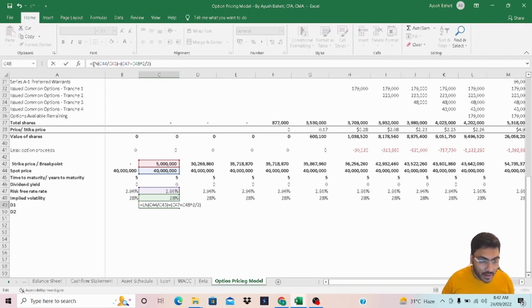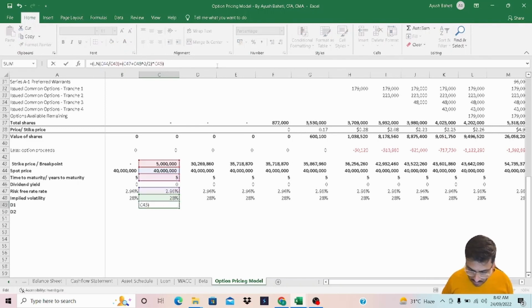And then everything multiplied by theta, which is your years to maturity. Okay, so this is the first part.